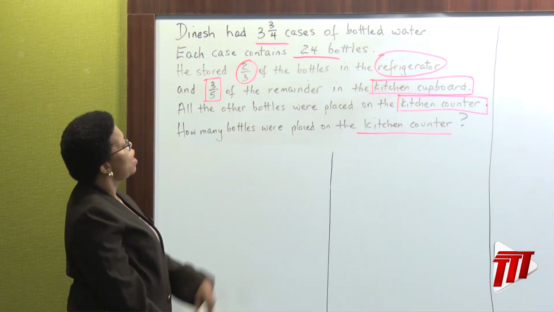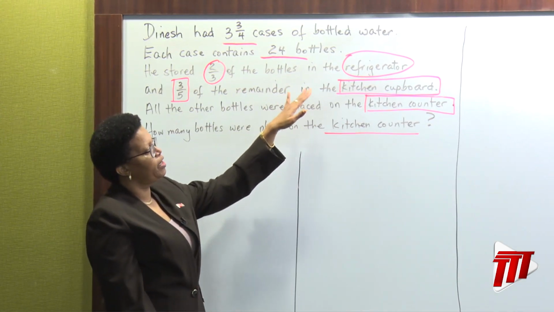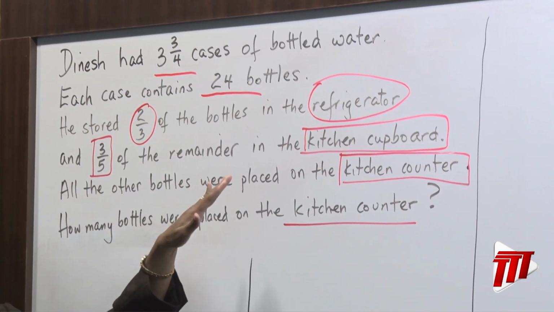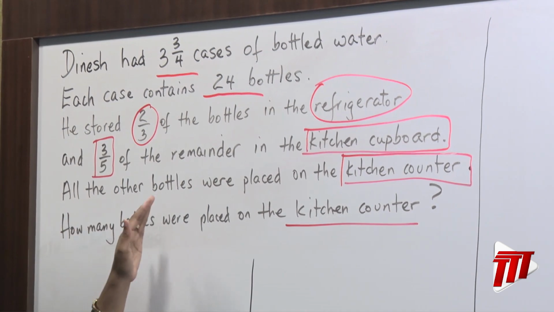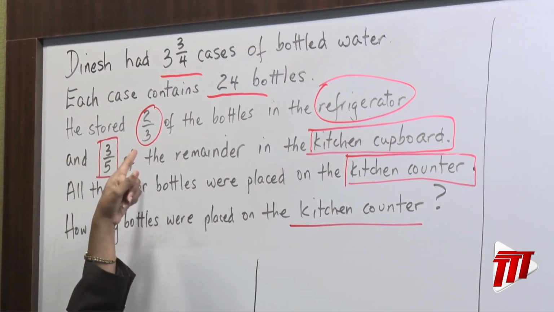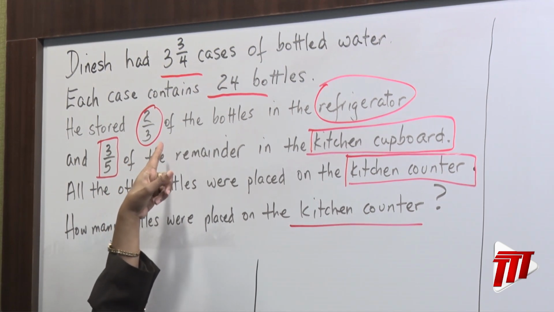Let us look at another strategy for solving this problem. Let's consider he stored 2/3 of the bottles in the refrigerator and 3/5 of the remainder in the kitchen cupboard. All the other bottles were placed on the kitchen counter. Are we really interested in the 2/3 stored in the refrigerator?